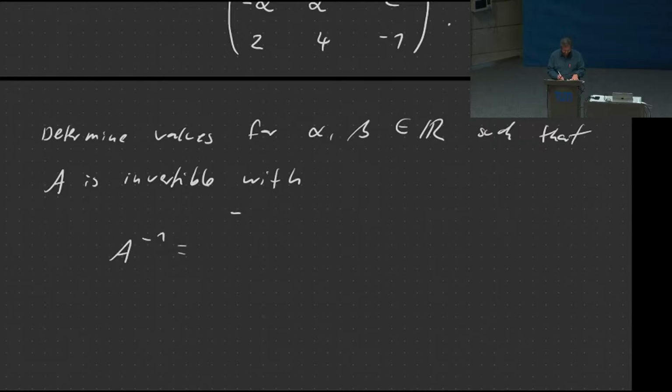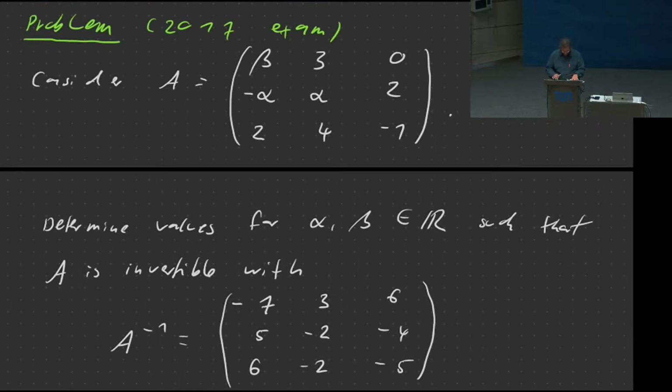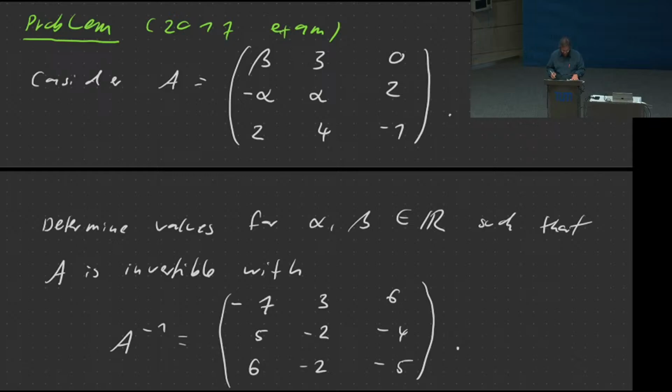A to the -1 is -7, 5, 6, 3, -2, -2, and 6, -4, -5. All right, so I'll give you a couple of minutes to think about how you solve this one.